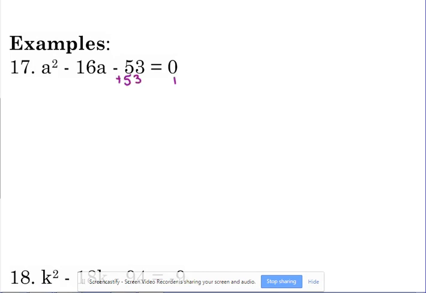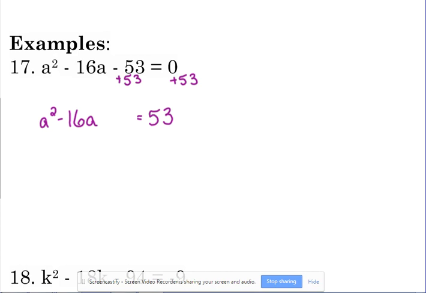So we need to add it to both sides. Now, when you do this, leave a space where the 53 was because we're going to complete the square there. So we need a space to put that number. So don't move your equal sign over like you normally do to fill the gaps in an equation.